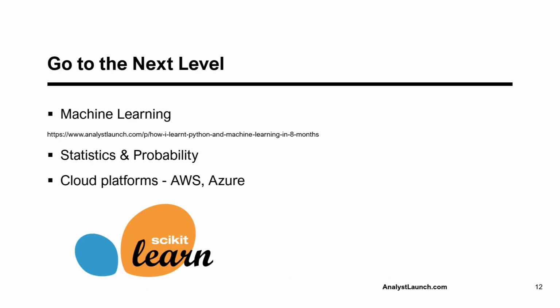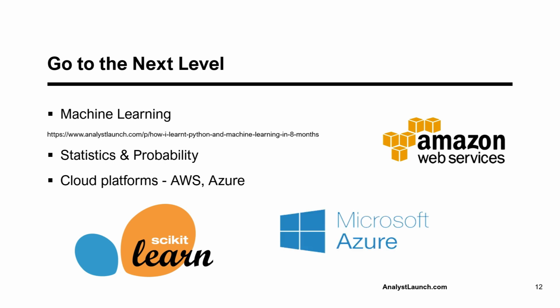So the other thing that would be really good to learn is a cloud platform. The main two are Amazon Web Services, or AWS, and Azure by Microsoft. A lot of data now is just stored in the cloud. A lot of models are run directly from the cloud, and a lot of your analytics is done directly from the cloud. So the data actually never touches your desktop.